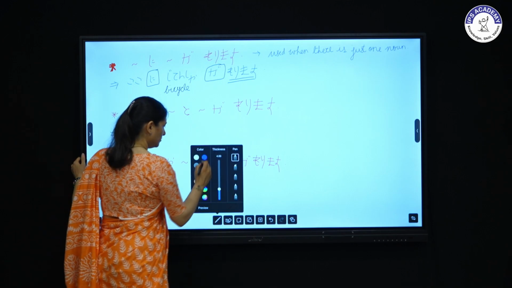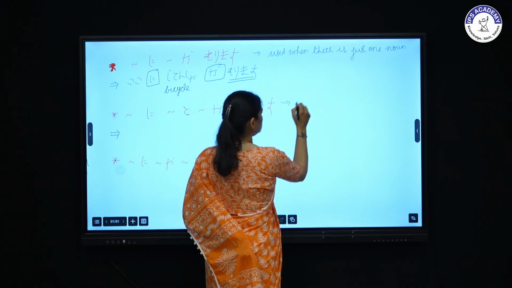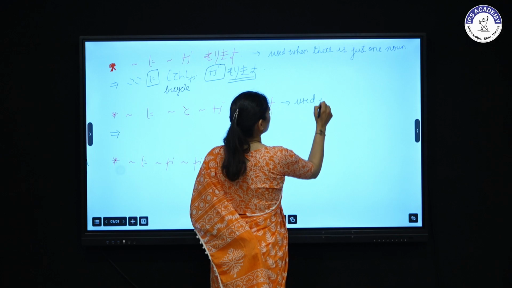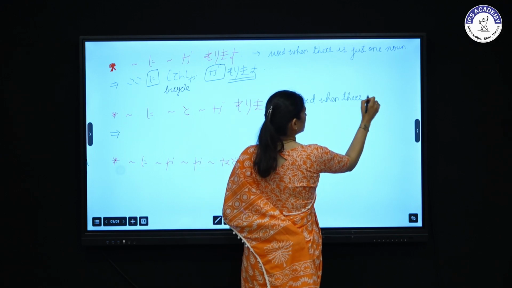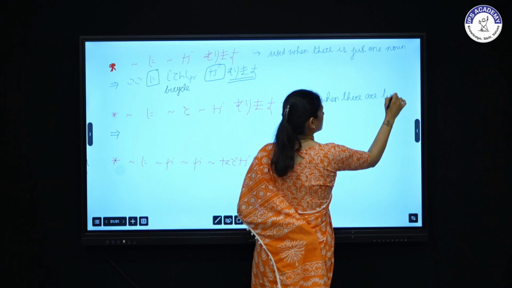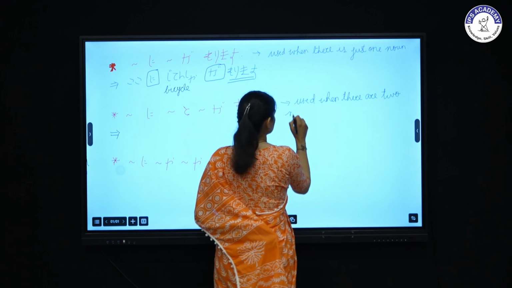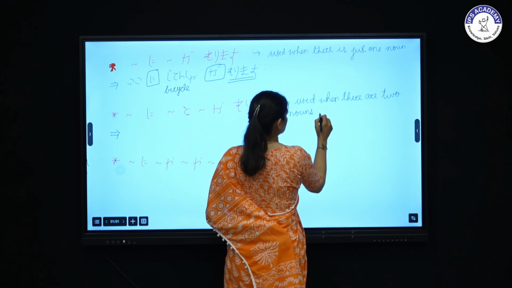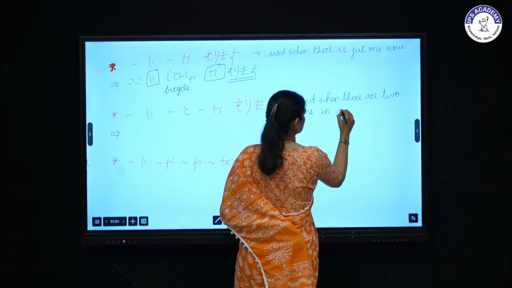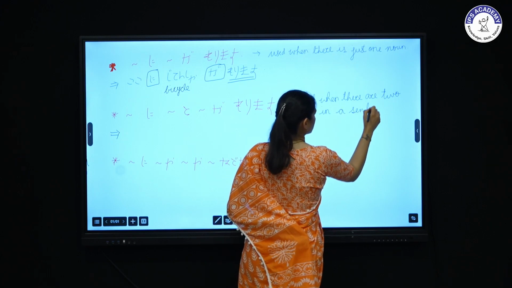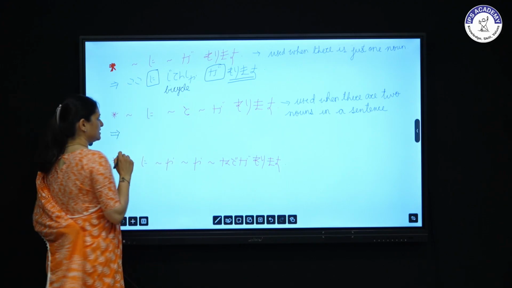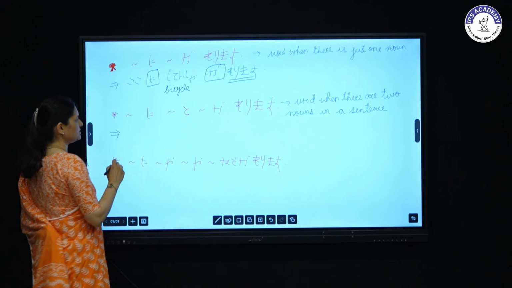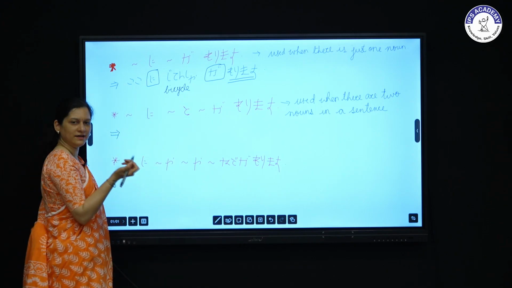Okay, so this pattern is used when there are two nouns in a sentence. Let us take an example for ni to ga arimasu or ni to ga imasu.